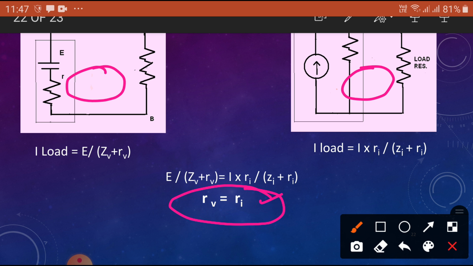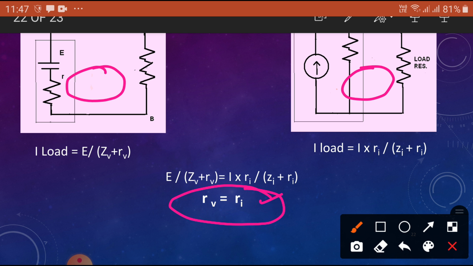Now we calculated the load current in the current source and in the voltage source. By equating these load currents for the same loads, we get that the internal resistance in a voltage source is equal to the internal resistance in a current source. If the internal resistance is connected in series to the voltage source, it should be very low.